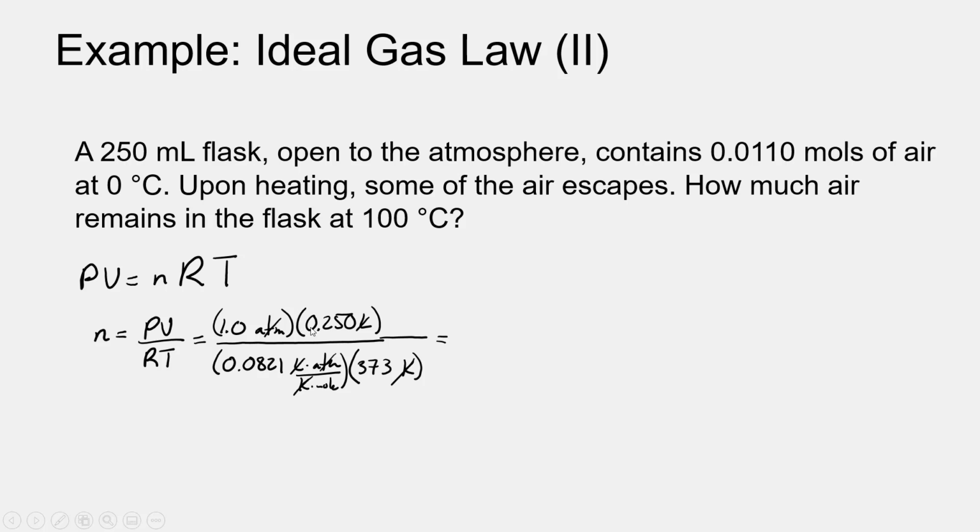The volume of the flask was originally given to us in milliliters, so we have to convert milliliters to liters. Remember that there are 1,000 milliliters in a liter, and if you do the unit conversion, you'll see that a 250 milliliter flask is 0.250 liters. So we have to make sure that our volume goes in there in liters and that our temperature goes in there as Kelvin, not Celsius. 100 degrees Celsius plus 273 gives us a Kelvin temperature of 373.